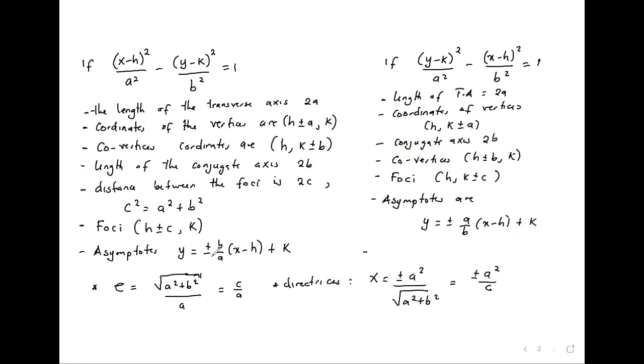Okay, so now this eccentricity, we're saying we can use it to determine whether you have a conic section as a parabola, as an ellipse, or as a hyperbola. So just put on record that this eccentricity e is equal to c over a.